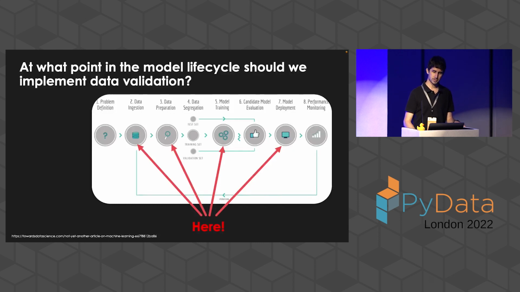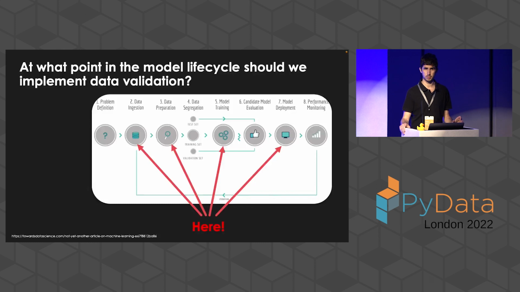From the very first interaction with the data, at the data ingestion step, we want to make sure that the data we are consuming is what we expect it to be. Then also when we are doing data preparation, which you can also call feature engineering, we are manipulating and changing the data. That is the definition of that step.